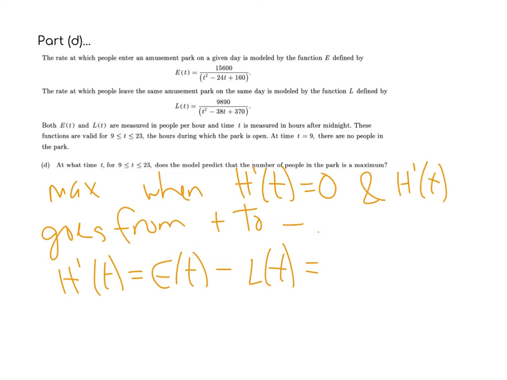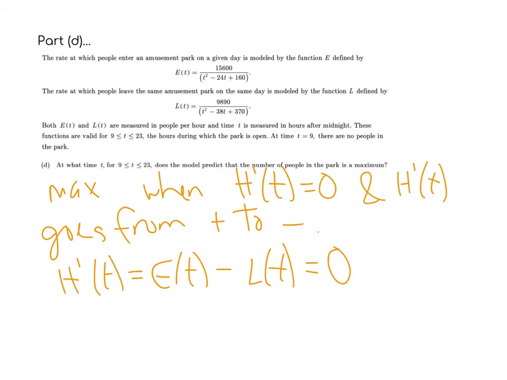You have to set that equal to 0, but on your calculator you can either set it equal to 0, or you can say, okay, when do these two things equal each other? So when do they intersect?